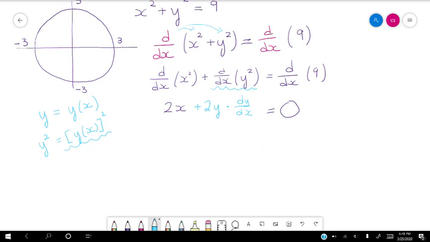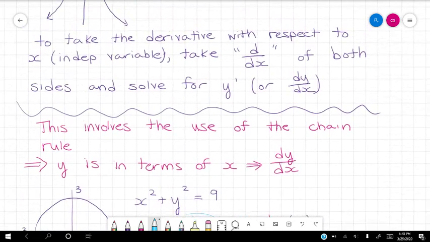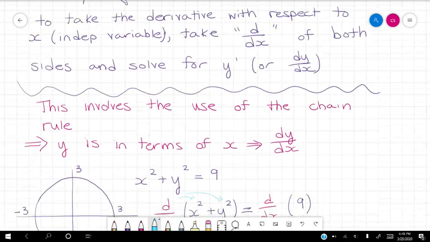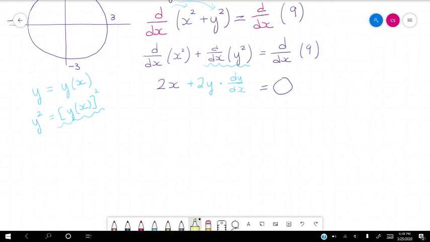Okay, so next, after we do our implicit differentiation, we have to solve for y prime, or dy dx. Sometimes there's a lot of dy dx's, so sometimes it helps to highlight them. Normally when we solve for a variable, every term with that variable stays on one side, and everything else goes to the other side.